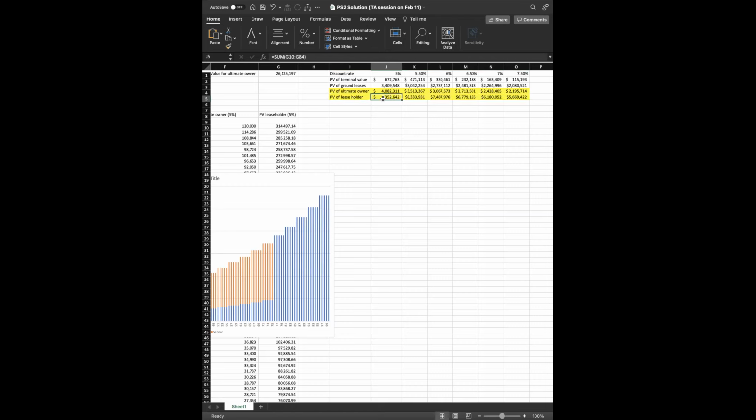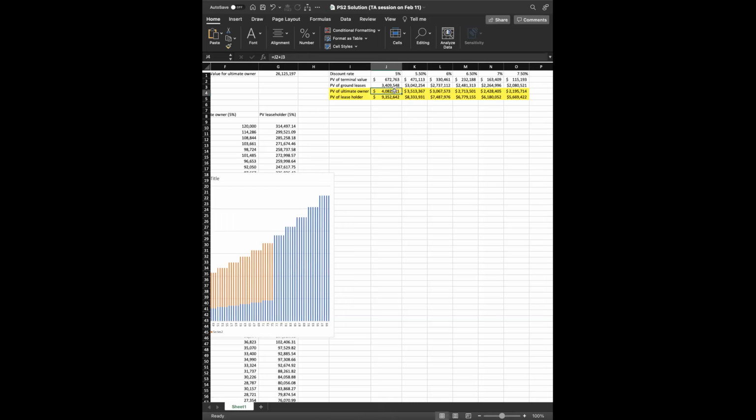Because the present value of the leaseholder in any scenario is much higher than the present value of the ultimate owner, I would say I want to be the leaseholder because I own a much more valuable property. And the reason it's much more valuable is because I get much higher cash flows in the near future. They don't get discounted a lot, so I gain a lot from the cash flows.